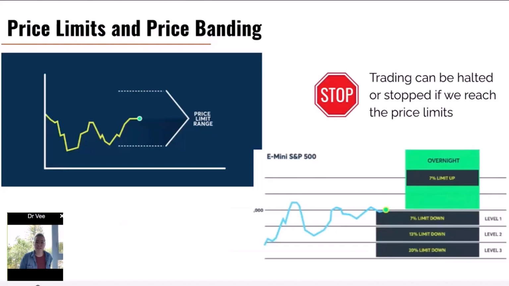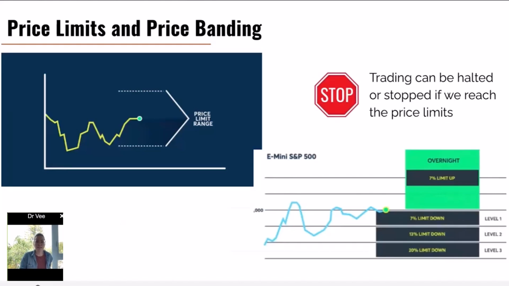Exchanges like the CME Group use price limits and price banding to keep things in check. Price limits set how much a futures price can move in one day. It's measured in ticks. For example, equity index futures have a tiered limit system where prices can move down to 20%.